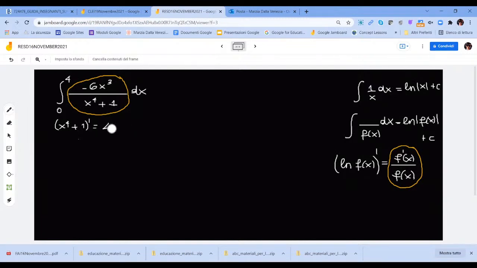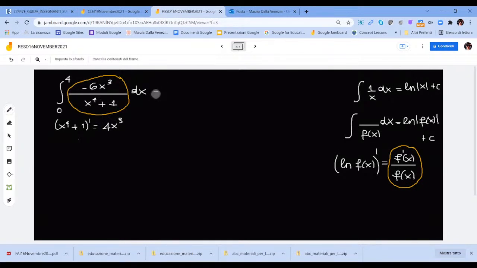What is this? This is 4 times x to the third power and stop, because the derivative of 1 is a constant, it is 0. Of course, you will have x to the third power perfectly matching the derivative, but you don't have the right constant.